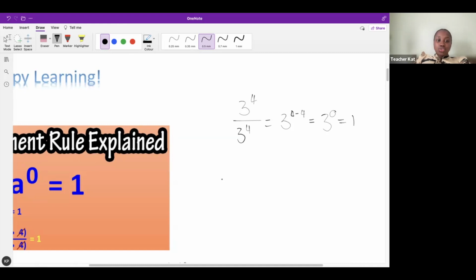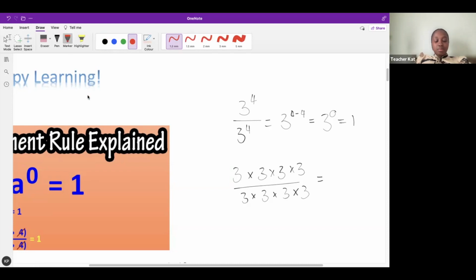Now, the reason that's true is because if I say 3 to the power of 4, that means 3 times 3 times 3 times 3 over 3 times 3 times 3 times 3. What is the common factor between 3 and 3? It's 3. How many times does it go into itself? Once.